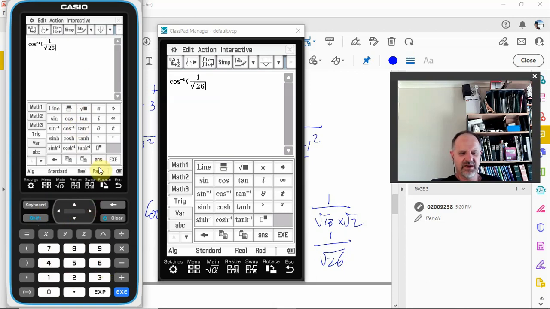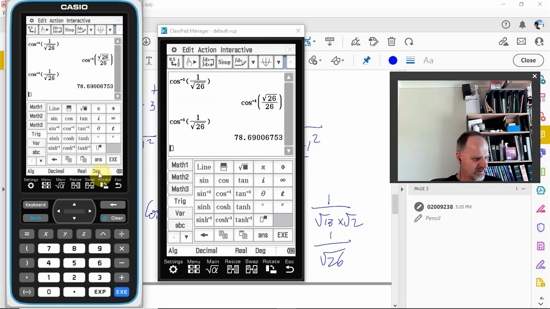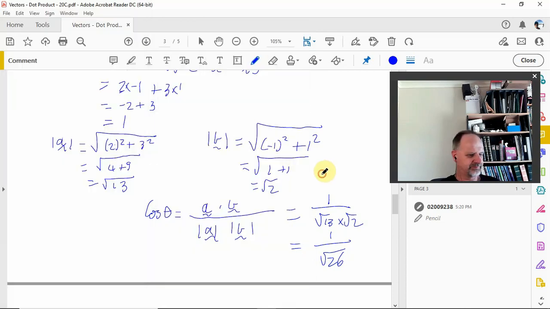It asked us to have it in degrees, I believe, so let's make sure I've got degrees. And away we go. I need decimal, thank you. There it is, 78.69 degrees. Right, so our angle, 78.69 degrees.